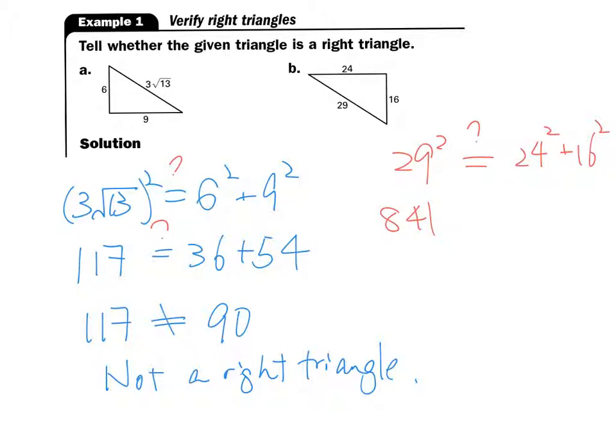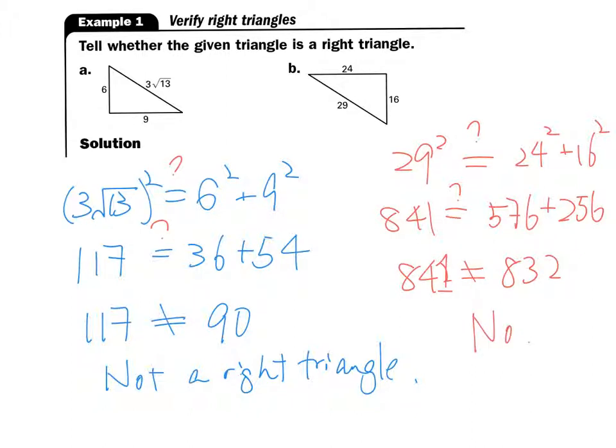On the right-hand side, 24 squared is 576, that I do remember, and 16 squared is 256. 576 plus 256 is 832, and the other side is 841. So if I did my arithmetic correctly, this one is not a right triangle either, because the hypotenuse squared does not equal the sum of the two legs squared.